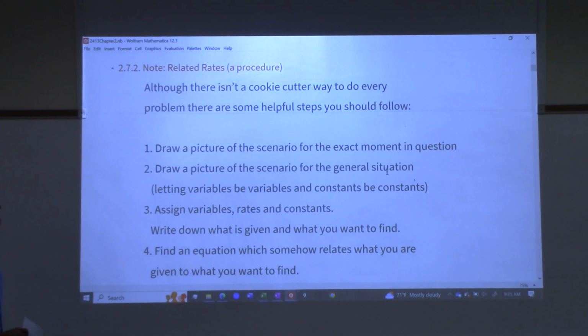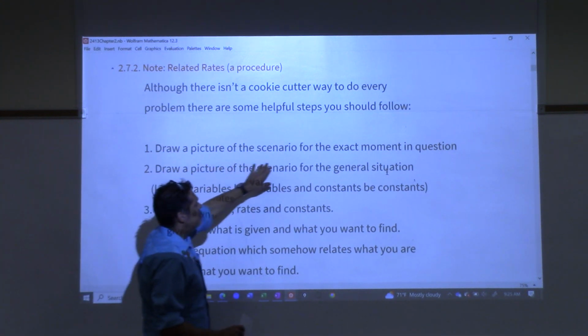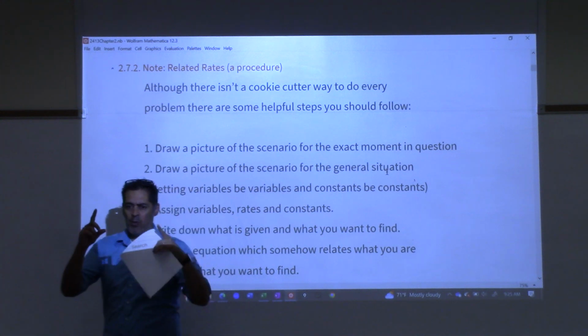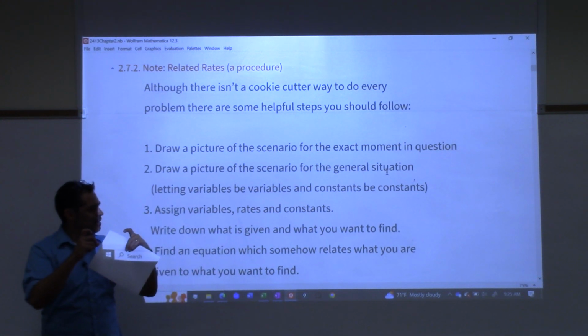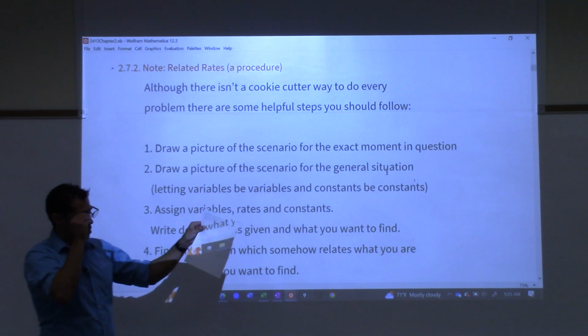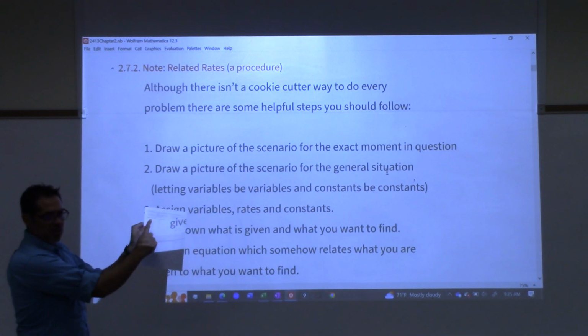So for all of these problems, we want to first draw a picture, okay? We're going to draw a picture of the exact moment in question, all right? So there will be some moment in time where we're almost taking a snapshot, and we want to draw a picture of that. On your sheet here, it's the first box. That's where we would draw a little picture.